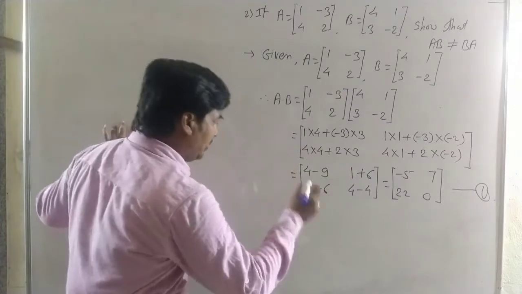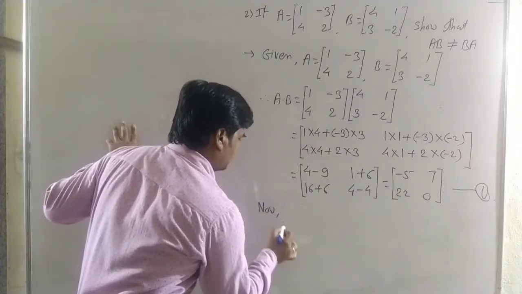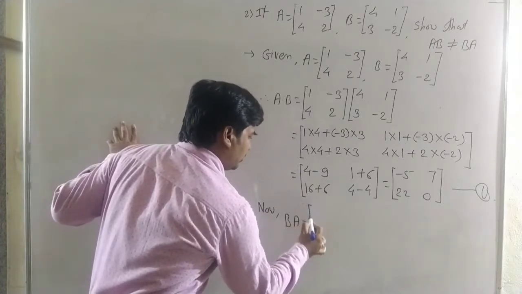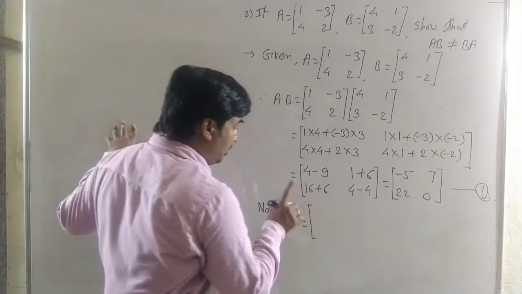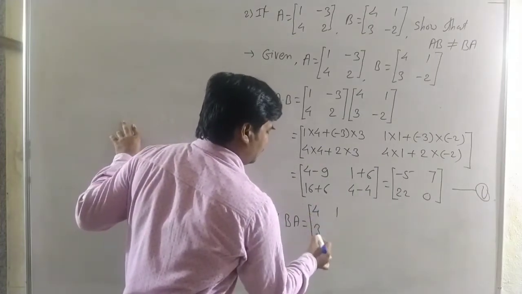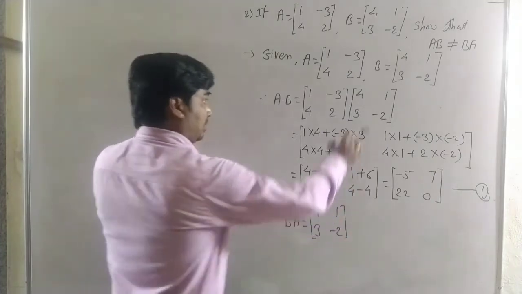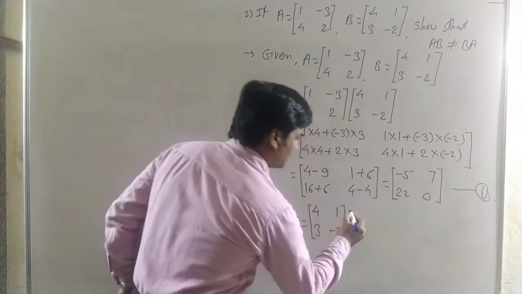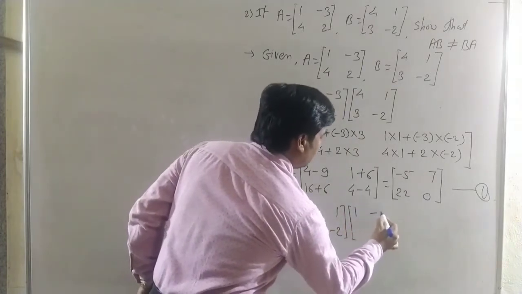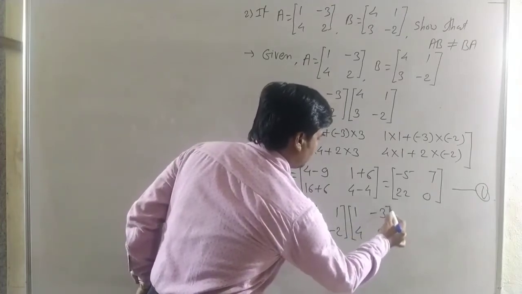Now we find B into A. See carefully. Here we write the matrix B first, [4, 1; 3, -2], and then A, [1, -3; 4, 2].